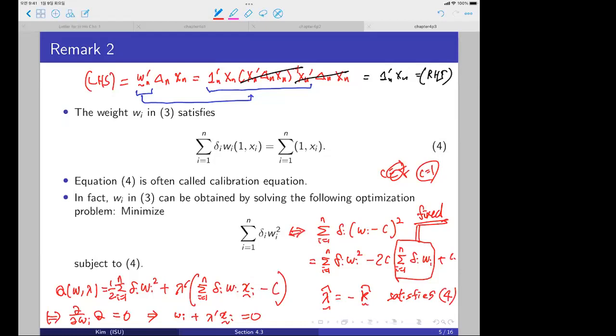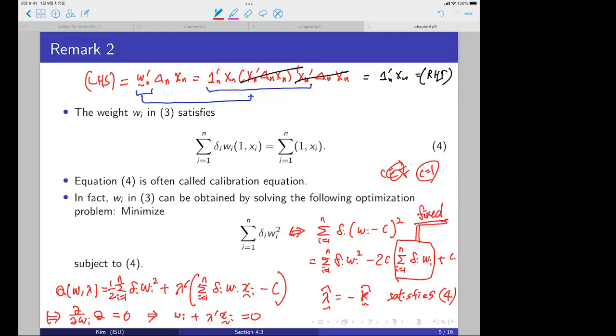So this is the solution. If it's subject to condition 4, you are fixing the whole summation of delta i wi times xi, both components. So everything is fixed. The only thing unknown is wi.